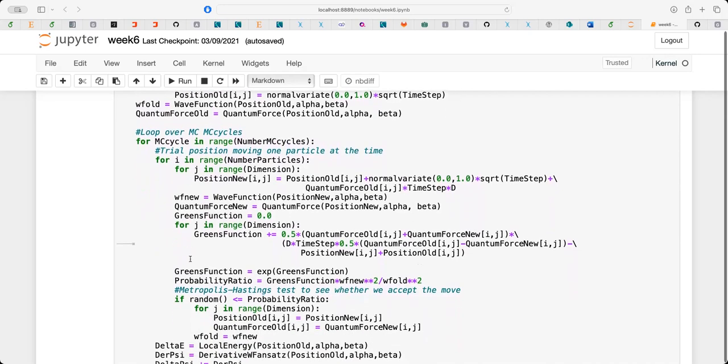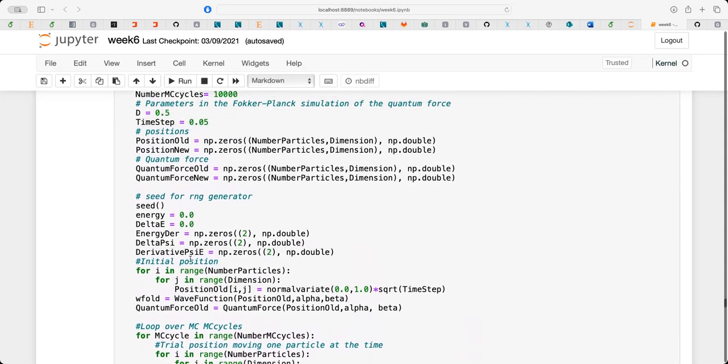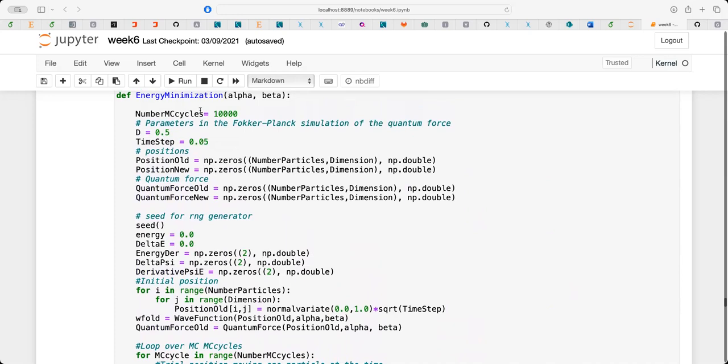What I'm doing here is to find the minimum with few Monte Carlo cycles. And when I have found the optimal parameters, that is when I will launch the big Monte Carlo calculation. So here, I'm running a cheap calculation. I have only 10,000 Monte Carlo cycles.